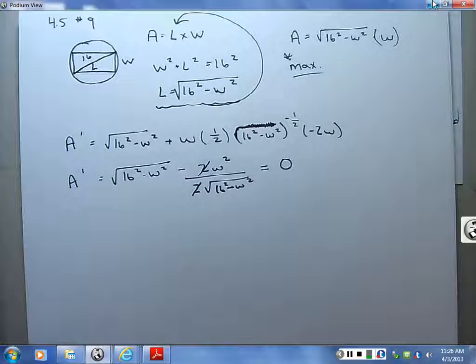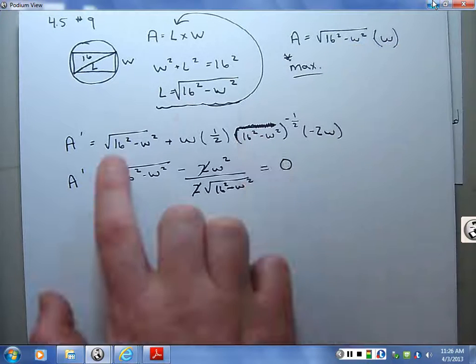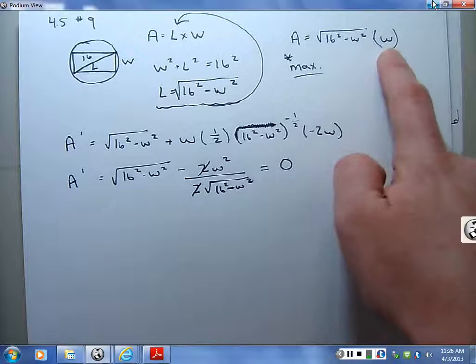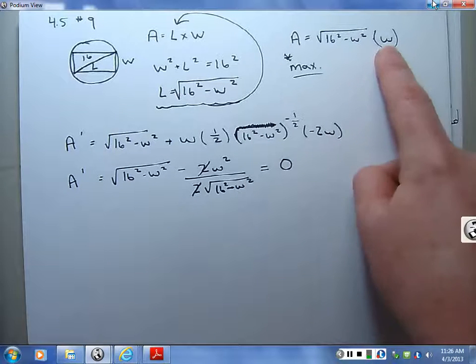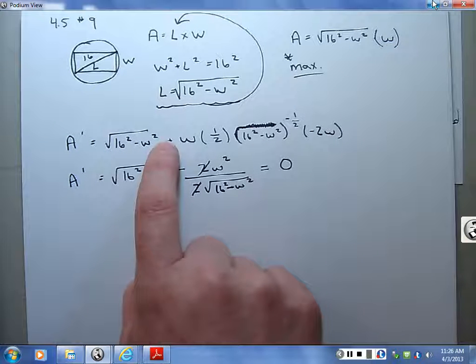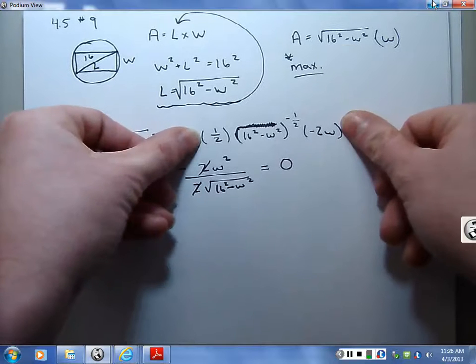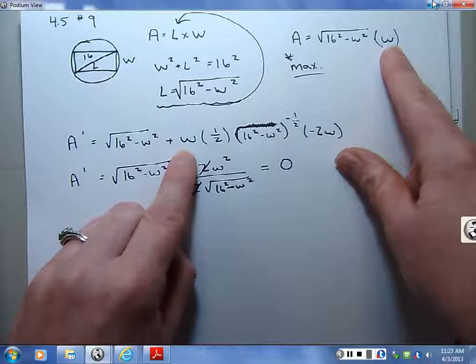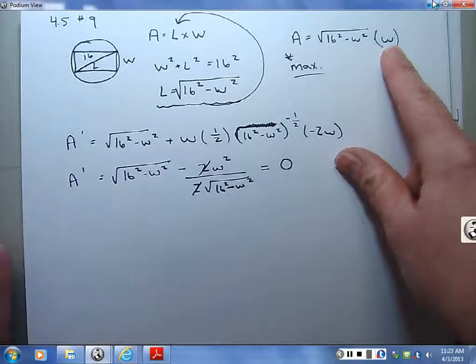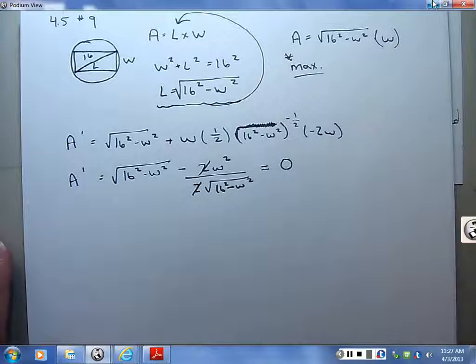Question: you're not using the product rule? Here I'm using the product rule. The derivative of the first one, w, is 1. Hold the second one, plus the derivative of this one, which would be all this, hold the first one. So in these types of problems, do we always use the product and quotient rule?